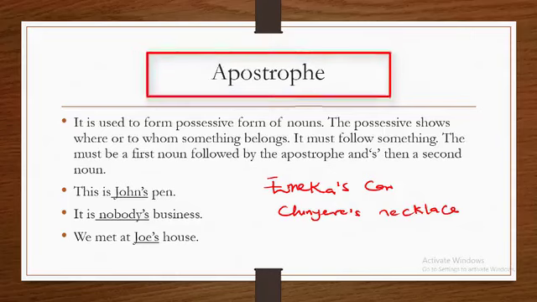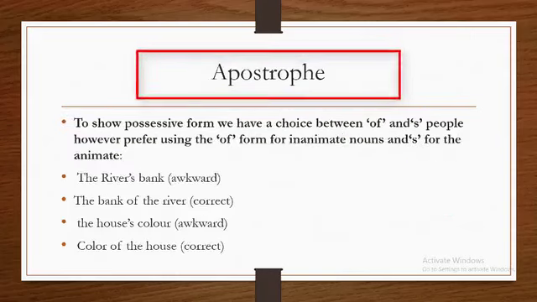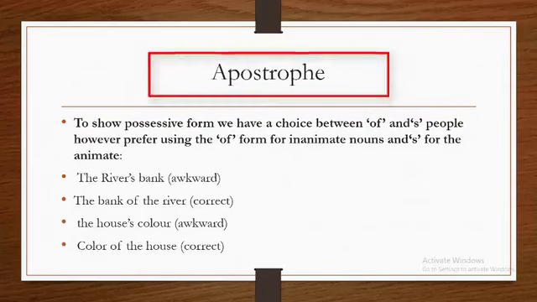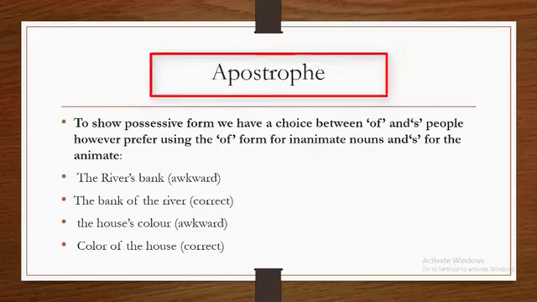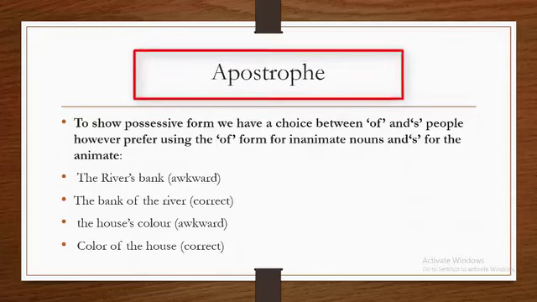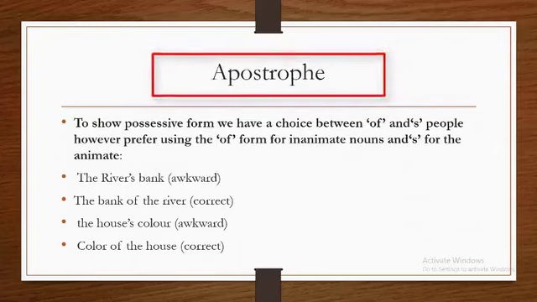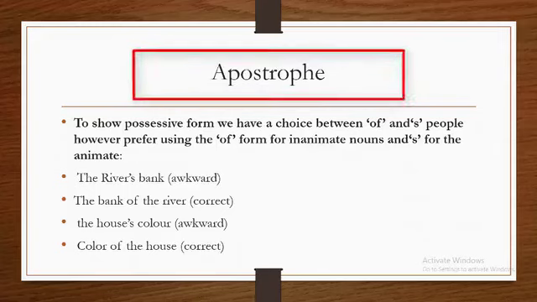You have the introduction of an apostrophe with an S. It shows that it belongs to Chinyere, Emeka. But one of the things I want you to note is that when the noun discussed is an inanimate object, please don't use the possessive case with an apostrophe. For instance, don't say the river's bank, say the bank of the river.